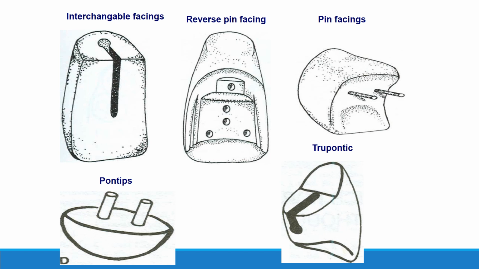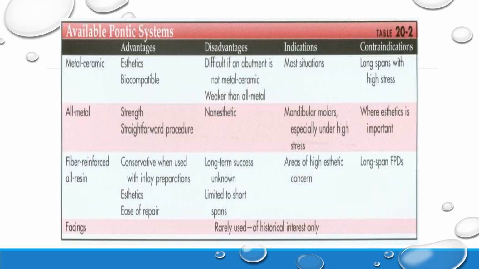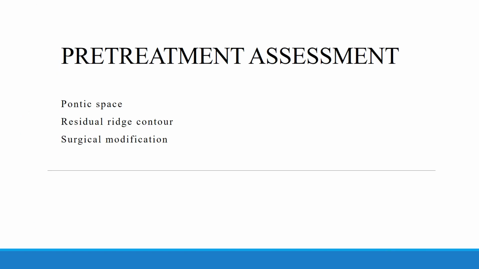Okay, so this is also available. So available pontic systems you can see: metal ceramic, all metal, fiber reinforced, all resin, and the facings, right? So it's the same things we have discussed.